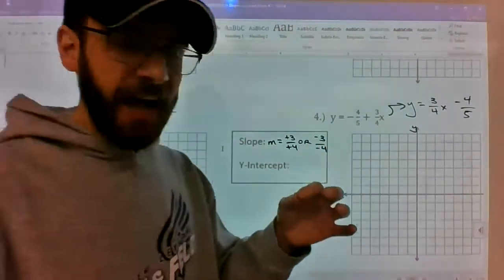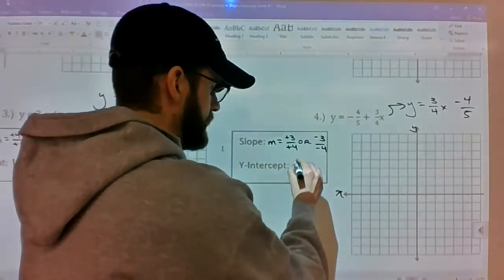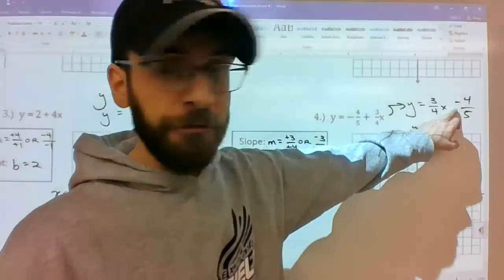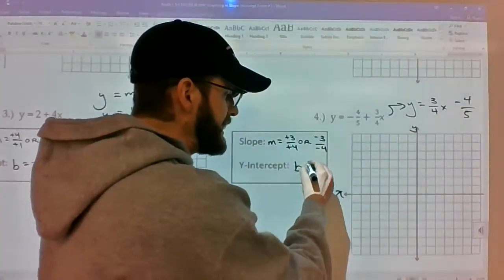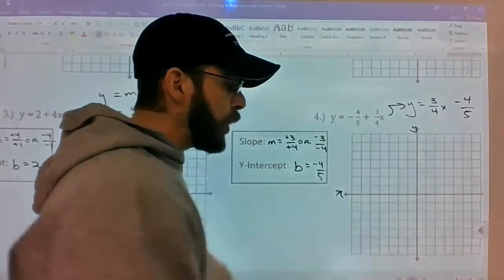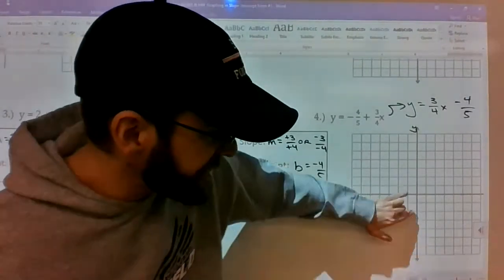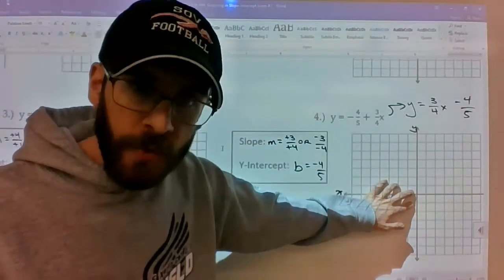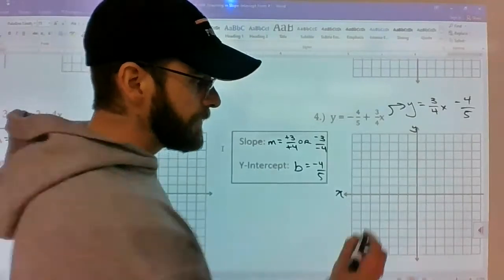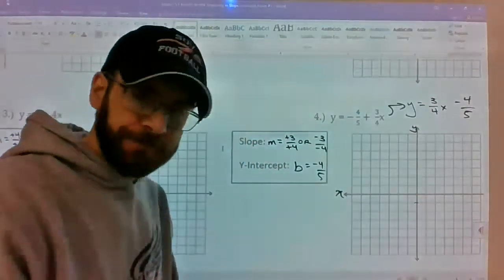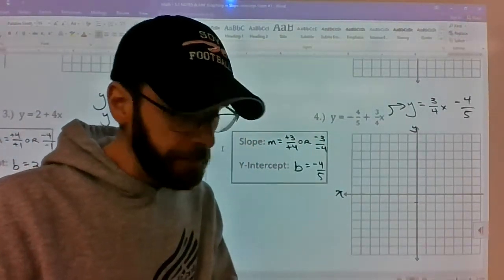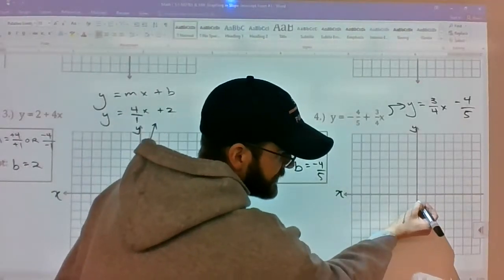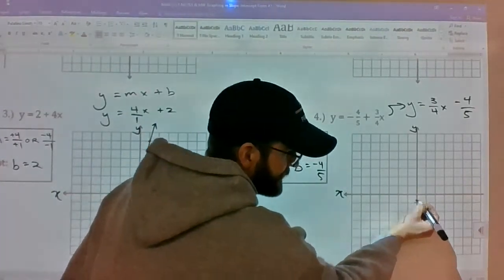Now, the b value at negative 4/5, all that means is that we're going to start 4/5 of a block below the x-axis. So here's one block. 4/5 of a block is going to be just above that.